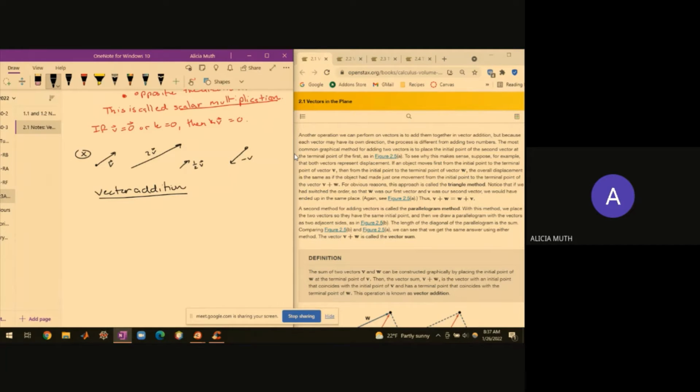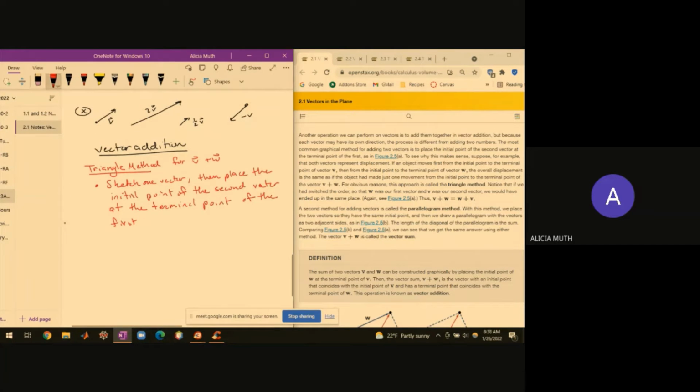So the triangle method says to sketch one vector, then place the initial point of the second vector at the terminal point of the first. Right, and so that will give us our sum.